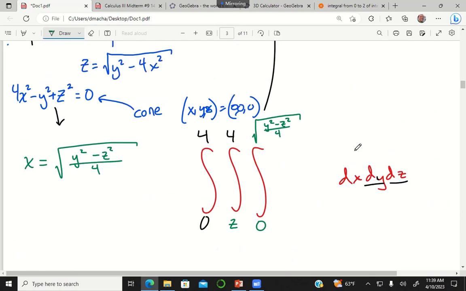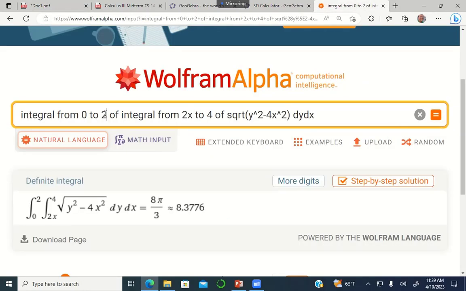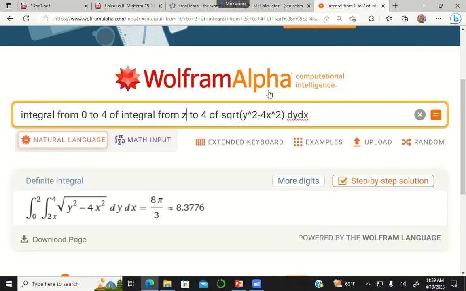So now let's try to do it again, but with this, and see if it works. So 0 to 4, z to 4. And then the last bound is 0 to square root y squared minus z squared, divided by 4.